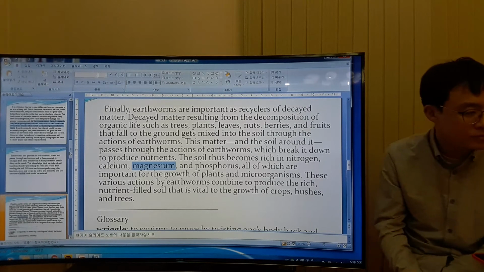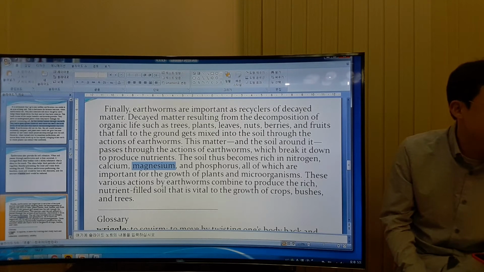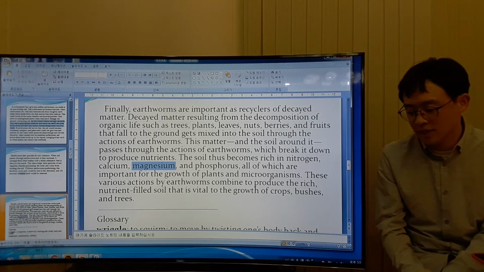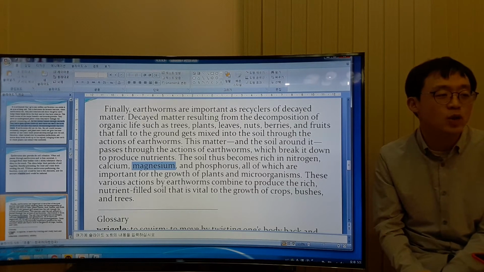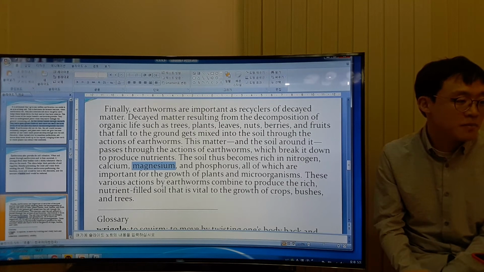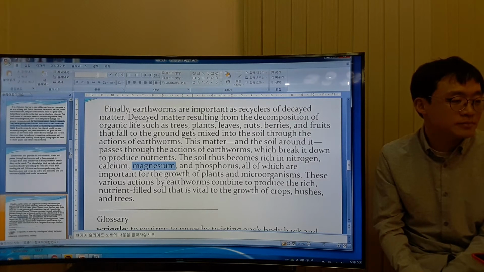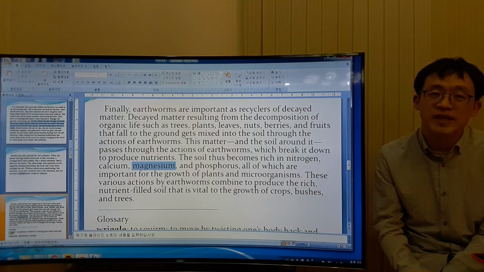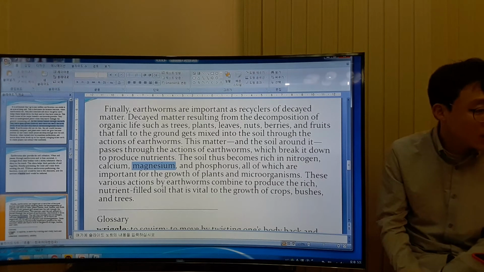Magnesium, what is this? This is a light, silvery white metal, okay? And it makes a bright white flame when it burns, okay?